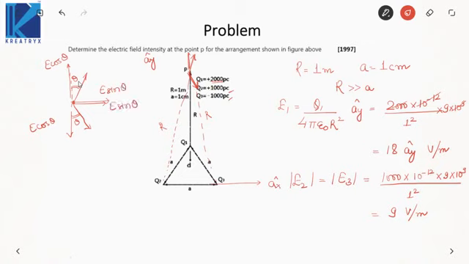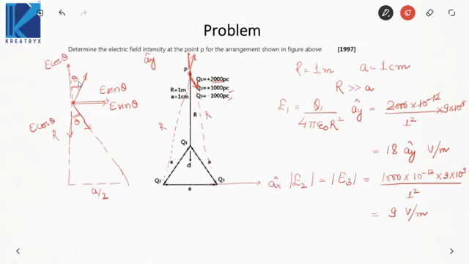So we'll only consider the horizontal component, but what I need first of all is the angle theta. Now if you see, the vertical distance is almost r, and this horizontal distance is a by 2.